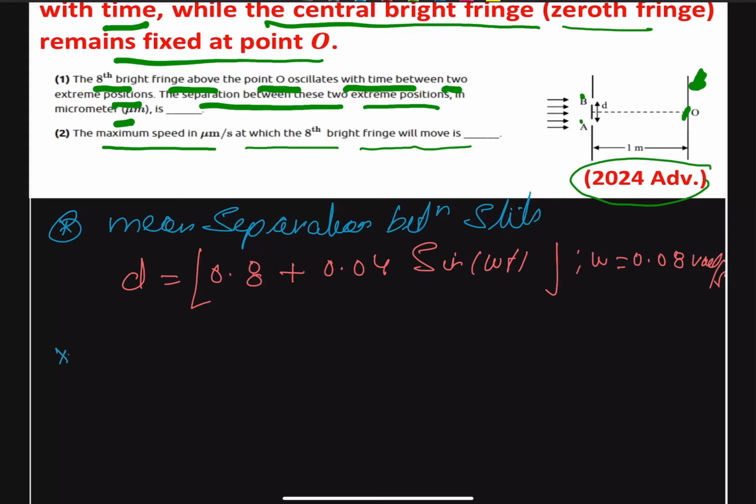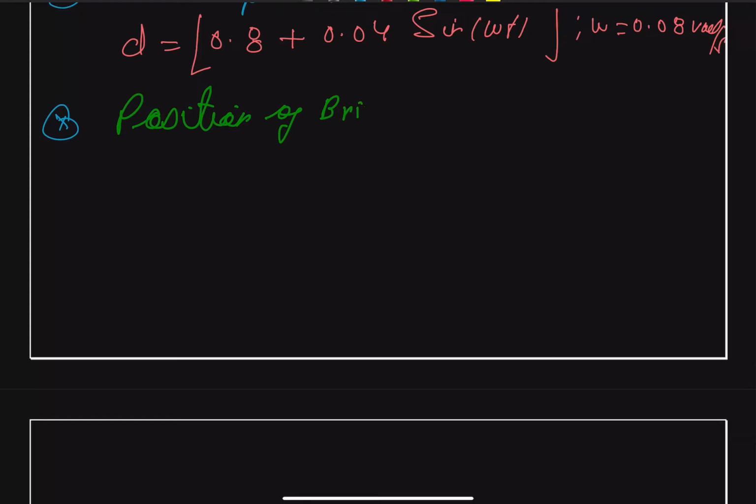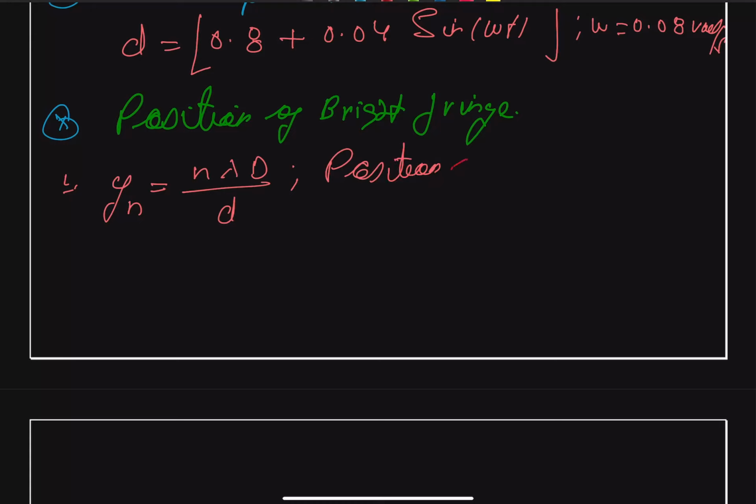So we can say that the position of the bright fringe, and the general formula for the nth bright fringe, that is our y of n, is equal to n lambda, and we have this as capital D divided by small d, and this is the position of the nth bright fringe.